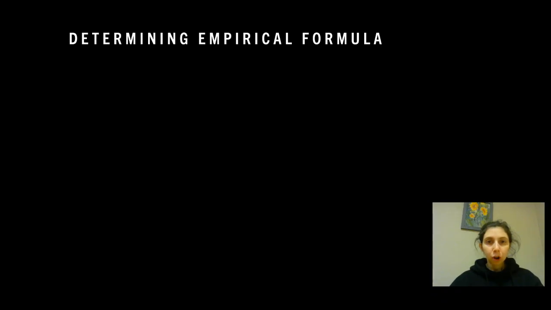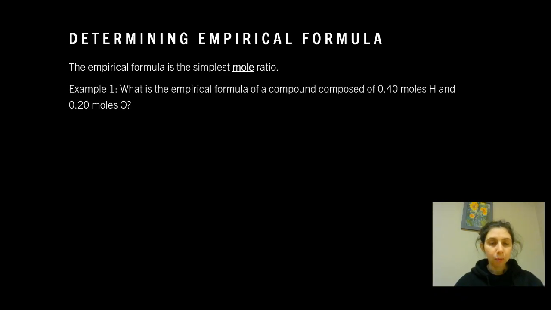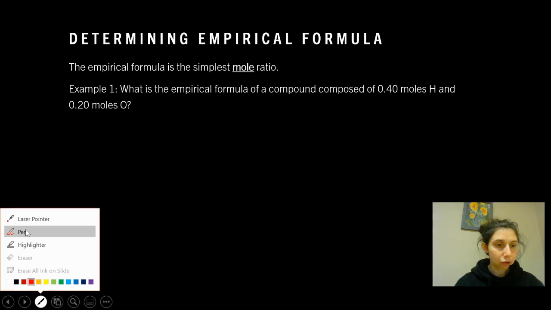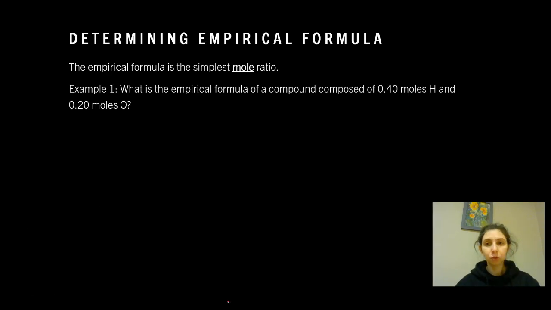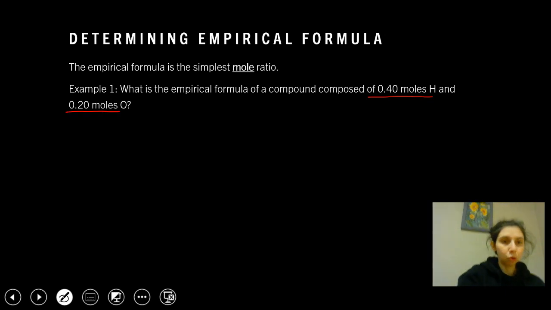Now we're going to try and determine the empirical formula. Again, the empirical formula is the simplest mole ratio. So, for example, what's the empirical formula of a compound composed of 0.4 moles hydrogen and 0.2 moles of oxygen? So we are looking for the simplest ratio. So 0.4 moles of hydrogen to 0.2 moles of oxygen.